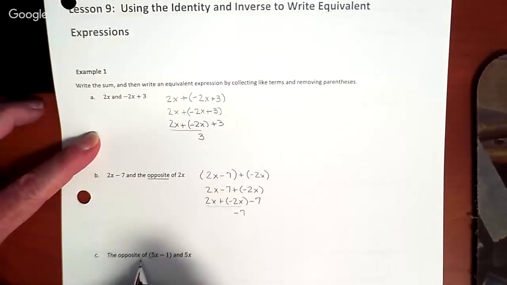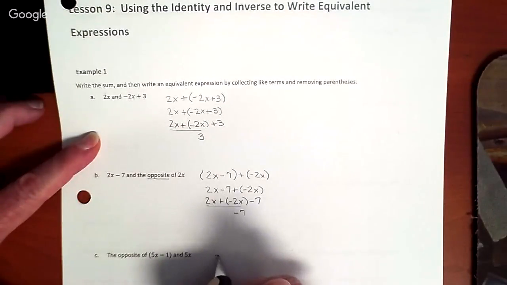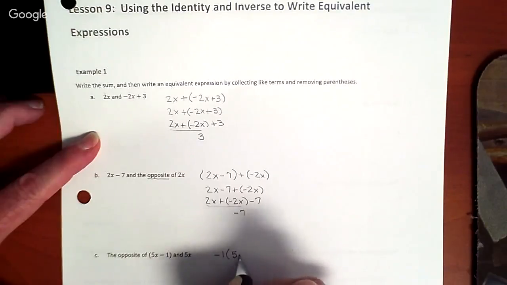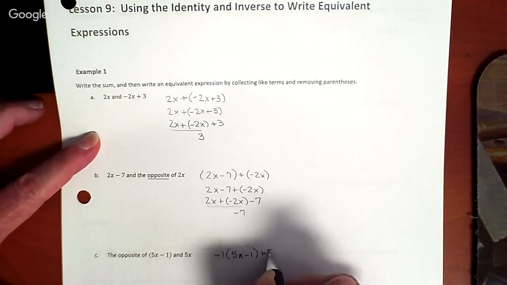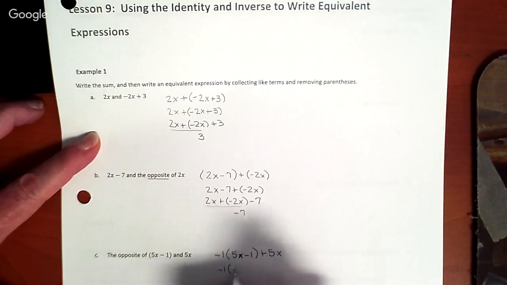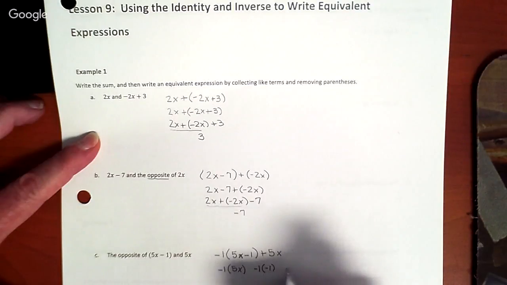And we have the opposite of 5x minus 1, and 5x. So here we have negative 1 times 5x, negative 1 times negative 1, and then plus 5x.